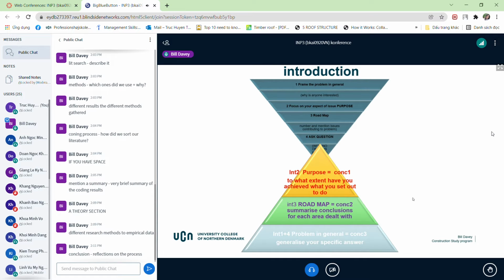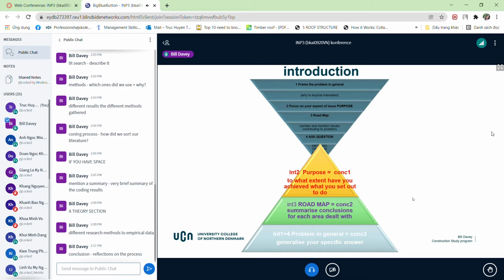Except in the introduction, you say, we have this question. In the conclusion, you should be saying, now we have this answer. The answer is the mirror of the question.